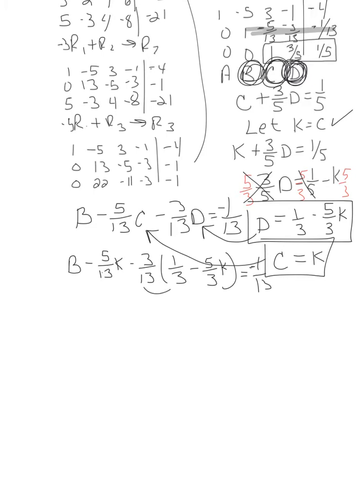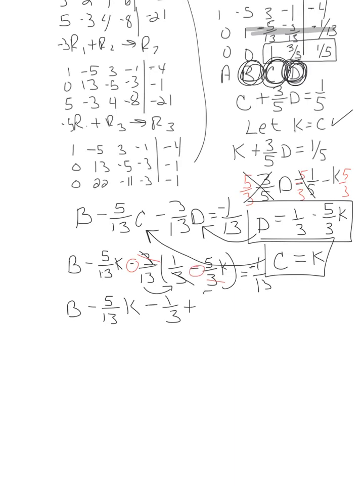Okay, let's multiply this in there. So that 3 and that 3 are going to cancel out. So I've got b minus 5/13 k minus 1/3. Now I need to take this one times this one. Okay, well that 3 is going to cancel that 3 again, and I have a minus times a minus, so it will be plus 5/13.